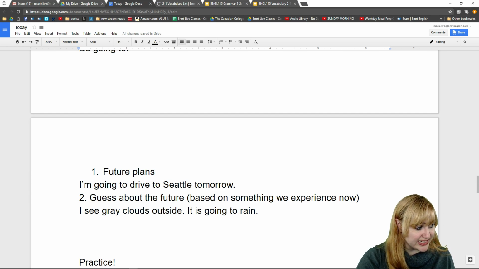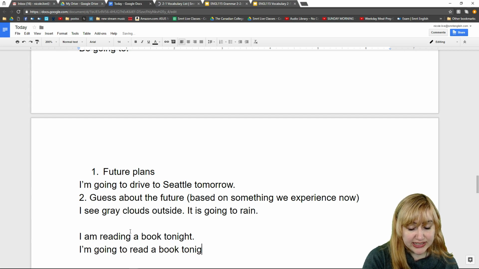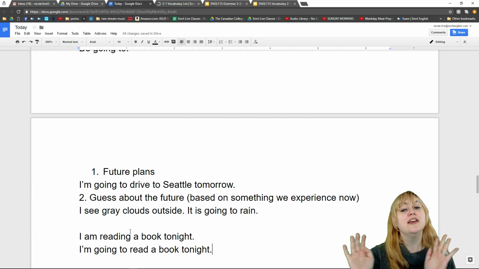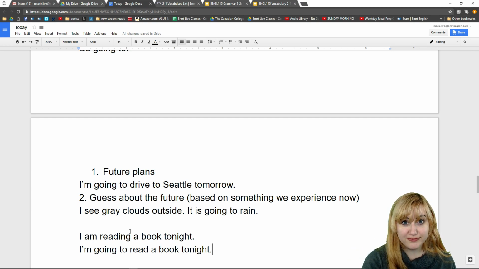So Vivek asked, I am reading a book tonight, or I am going to read a book tonight. Which one is correct? I'll write both of these here. I am reading a book tonight. I'm going to read a book tonight. Which one is correct? Both. You can say the first one, you can say the second one, no problem.